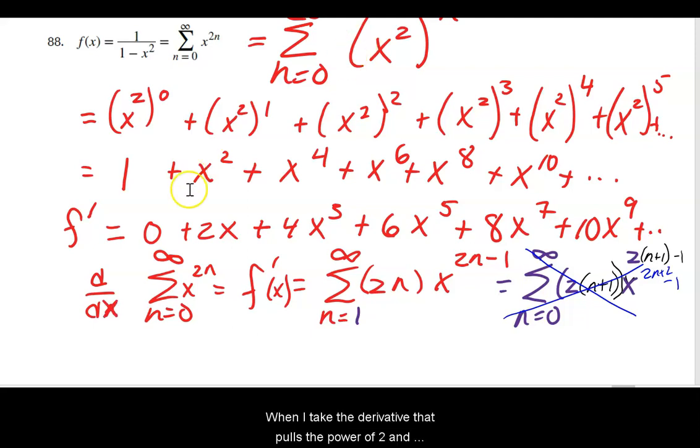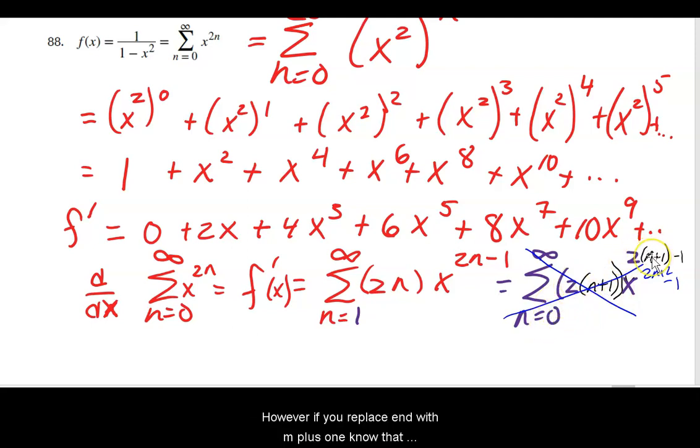When I take the derivative, that pulls the power of 2n to the front using the power rule and reduces the power by 1. I was trying to manipulate the powers to rewrite the power so that it wasn't 2n minus 1, but simply 2n. I thought perhaps that by pushing this forward by 1 and backing this up by 1, I could get there.